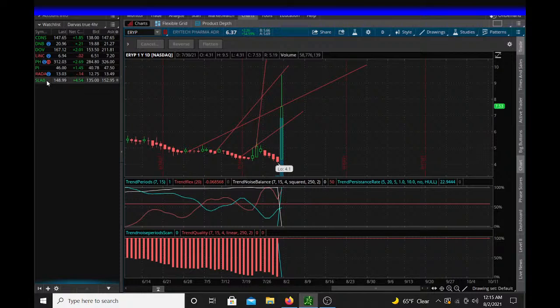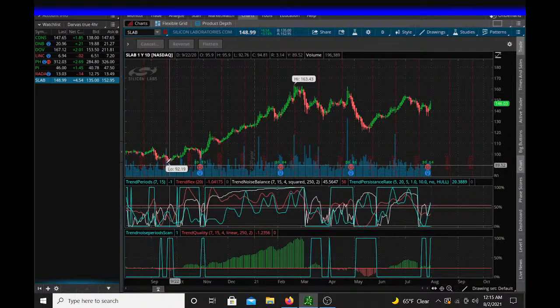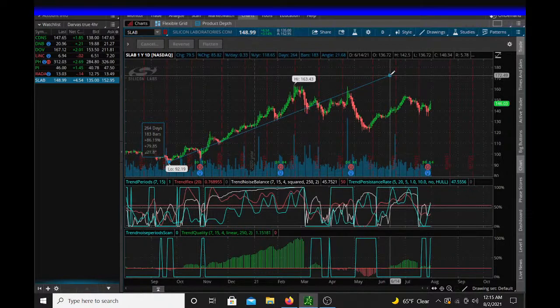Let's check out SLAB here. They've got about the biggest gain there, and maybe even possibly the biggest spread. That's a pretty wide spread there. Okay.